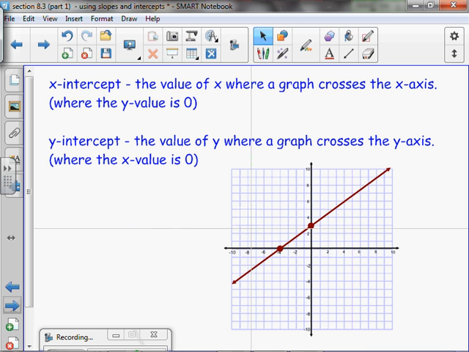Okay? We've got two definitions to go over. X-intercept is the value of x where a graph crosses the x-axis. Okay? And that is the point where the y value is 0. So let's look at this graph down here. We have 2 points that are drawn for us. In fact, it's the same graph as from the do now, isn't it?